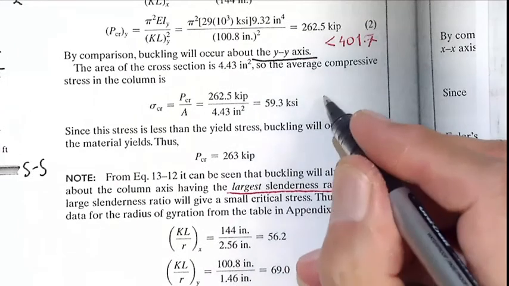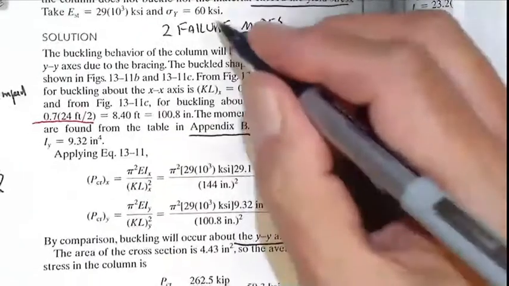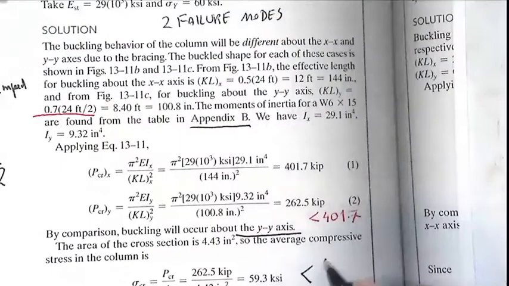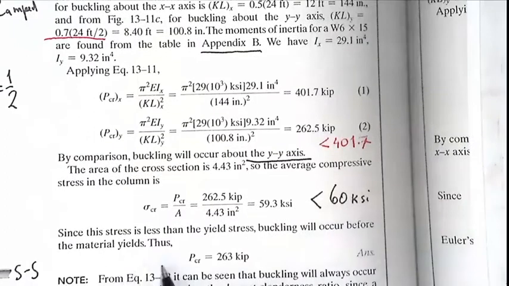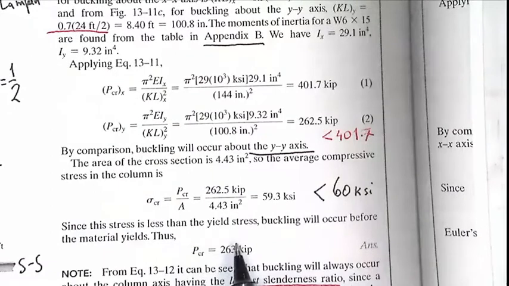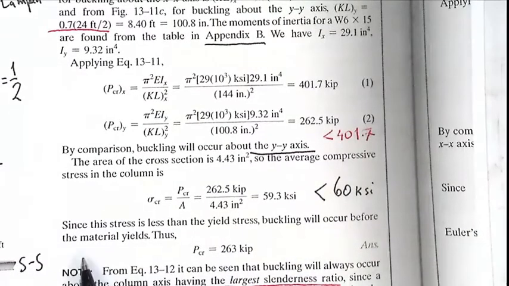This stress is less than the yield stress. The yield stress is 60 ksi, so 59.3 is less than 60. Since this stress is less than the yield stress, buckling will occur before the material yields.